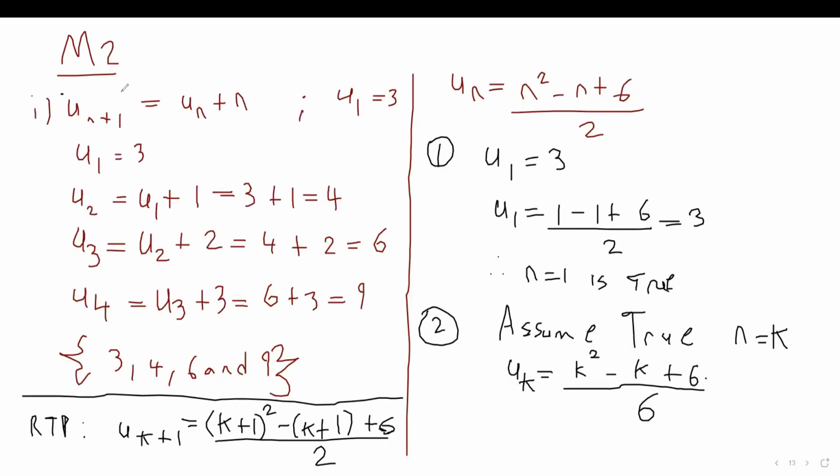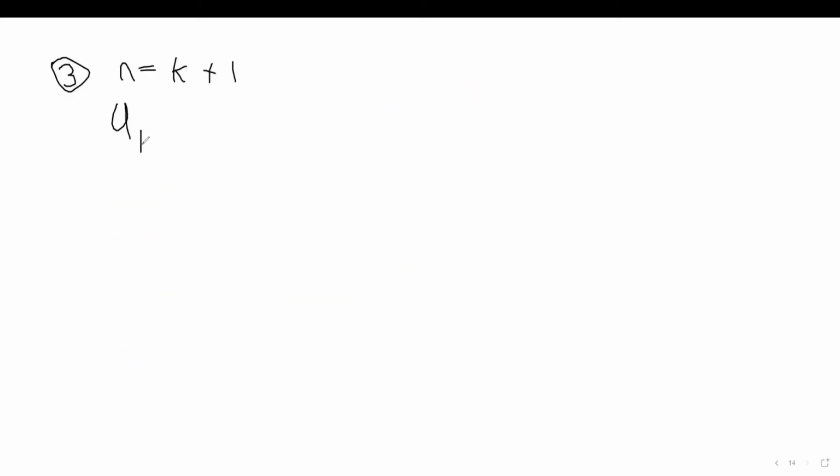For n equal to k plus 1, Marika, what you have to do is go back to the recurrence relation formula they gave away. So when n equal k plus 1, just replace n with k. Using that formula, we get u_(k+1) is equal to u_k plus n.